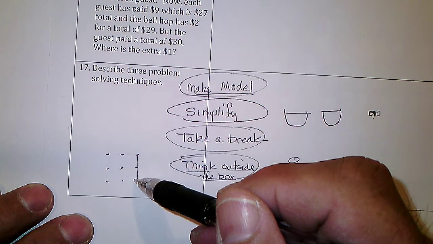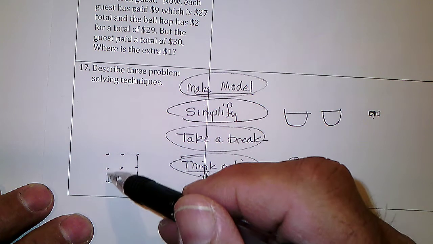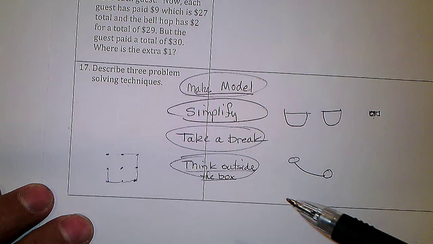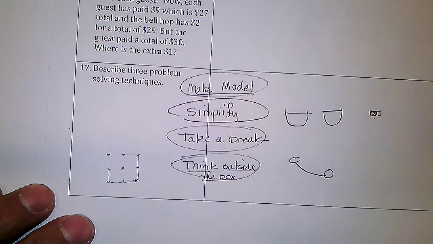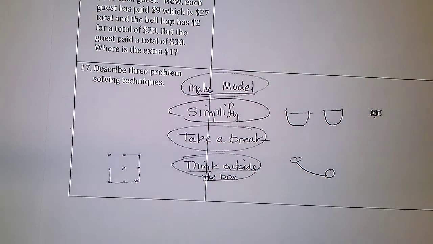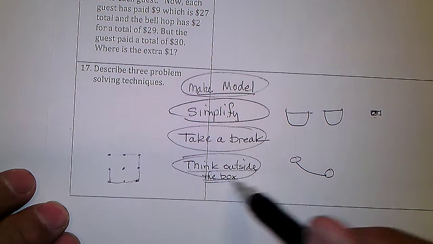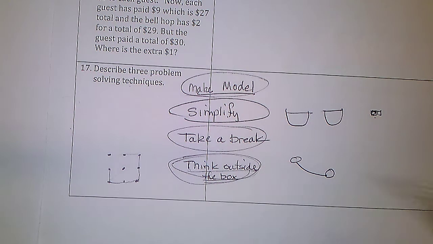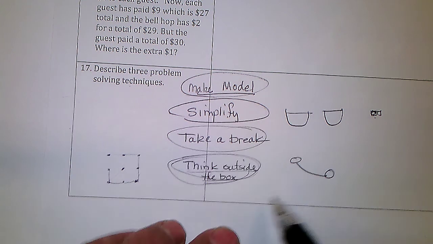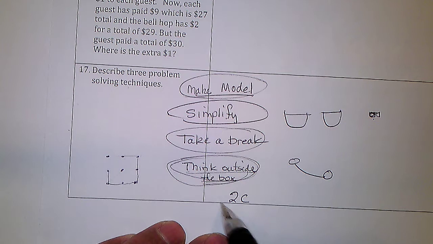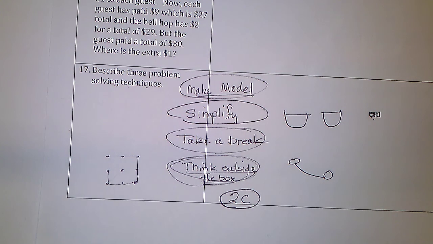Then I go over here, and that's 3, and then they go up to there, and that's 4, and they miss a dot. Or they go this way, and they miss a dot. Or they try other things. This one's about thinking outside the box. Think about that one a little bit. Okay? Those are some problem-solving techniques. Take a look at the 2C section for more ideas on problem solving. Okay?